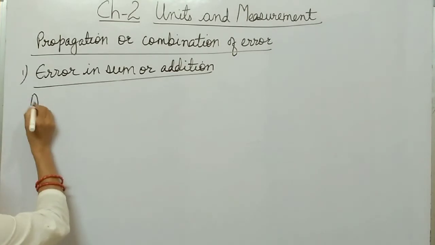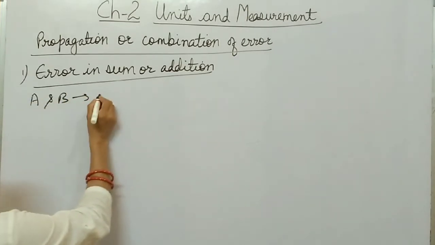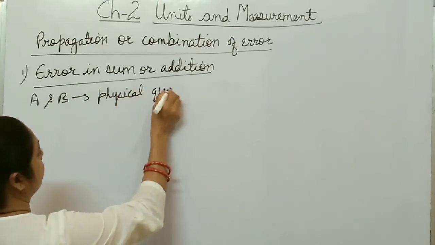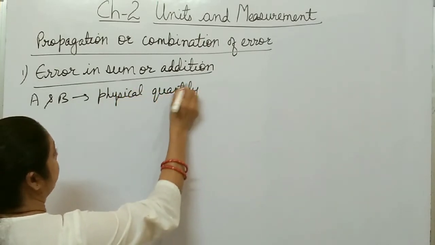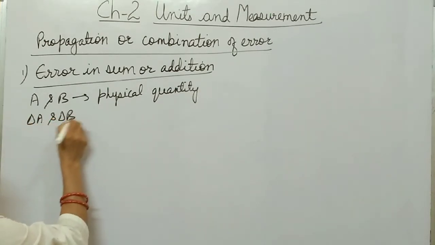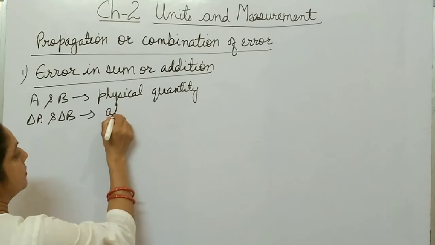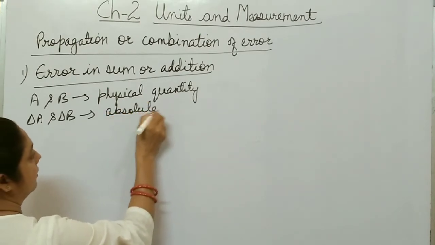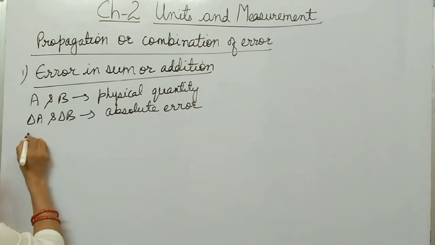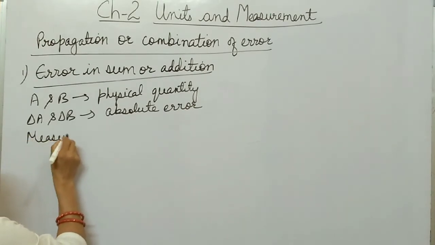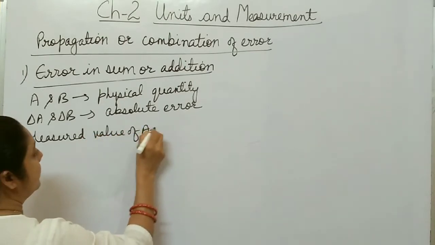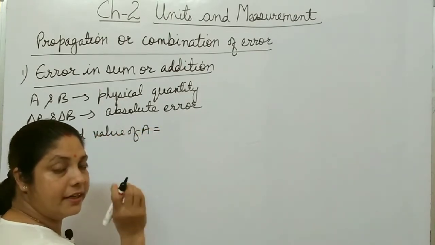Suppose A and B are two physical quantities, and let delta A and delta B be their corresponding absolute errors when you measure A and B. The final result of any physical quantity is written as its true value plus minus the error.